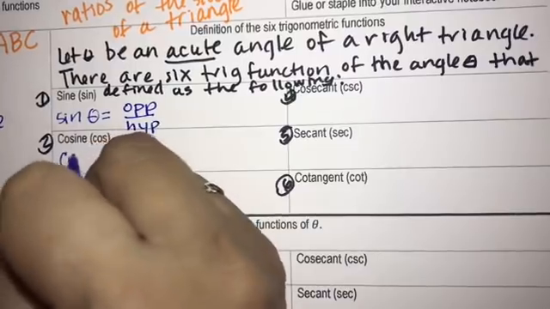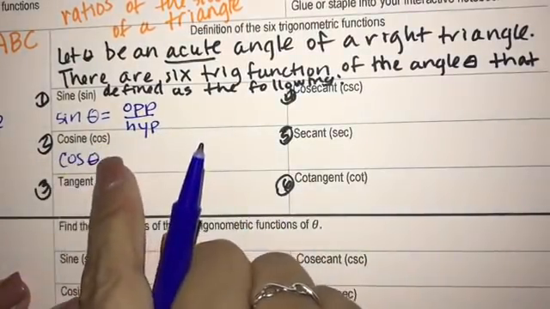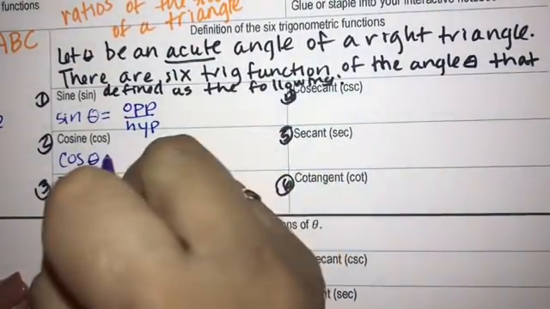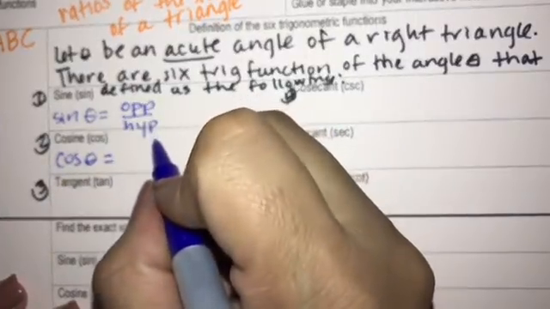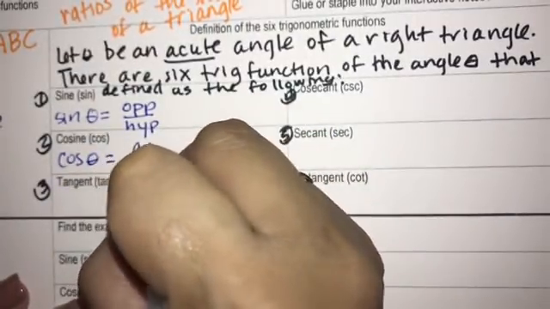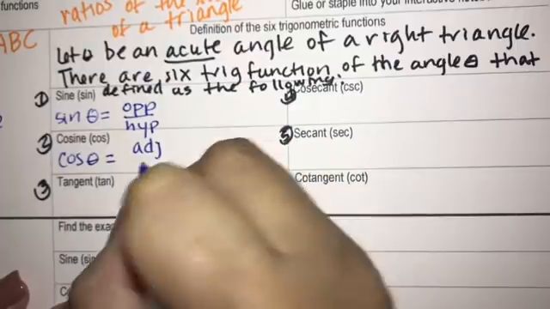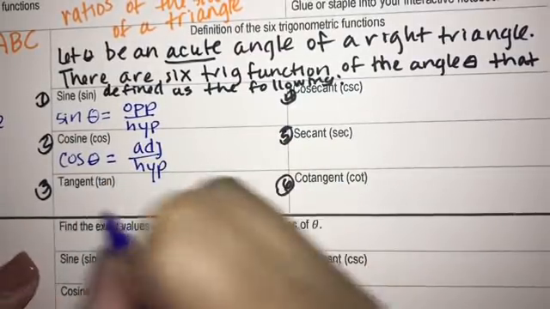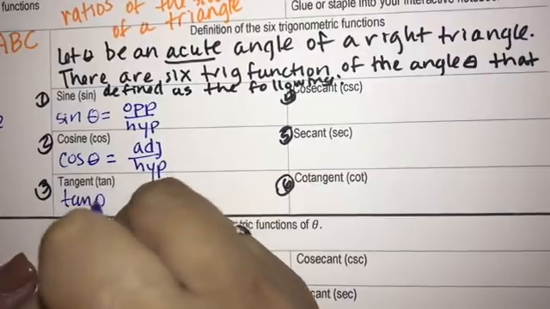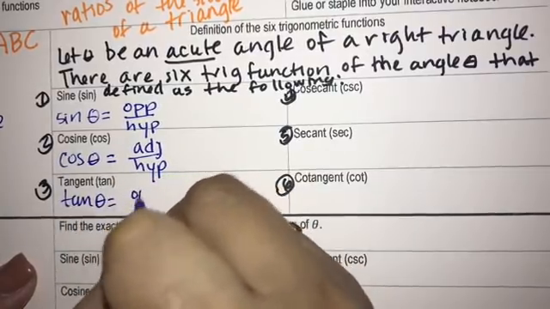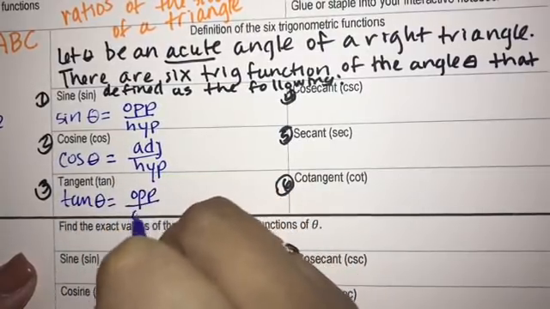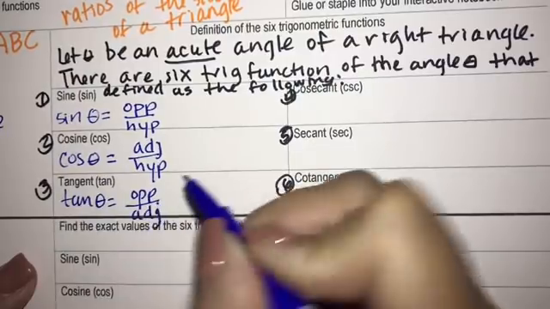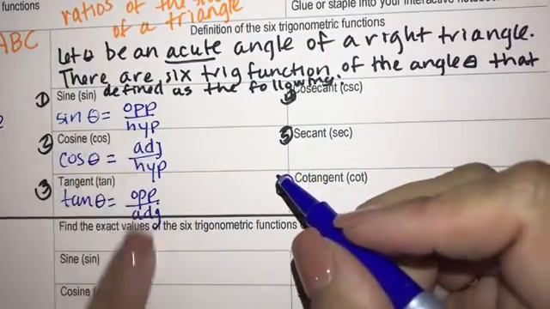Cosine of theta, you always have to have the angle theta, is equal to adjacent over hypotenuse. And then the tangent of theta will be equal to opposite over adjacent.